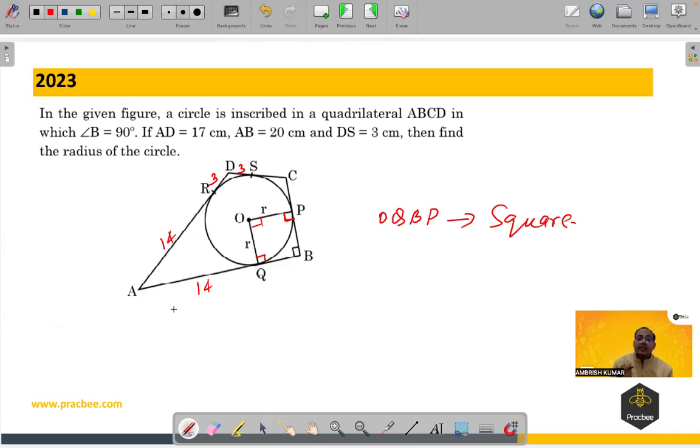Now, find the radius of the circle. A to B is given to you as 20, out of which AQ is 14, so QB is going to be 6. Now, this is a square, no? So all the sides will have the same length. So the radius is going to be 6 centimeter. That's it. Clear?